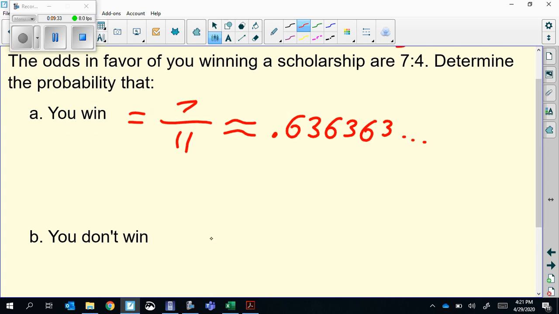Then the odds that you don't win, so that would be failure. So that would be 4 over 7 plus 4, which is 11. Same trick, 9 times 4 is 36. And if you add those numbers up, you do get 1, which is always going to happen as well.